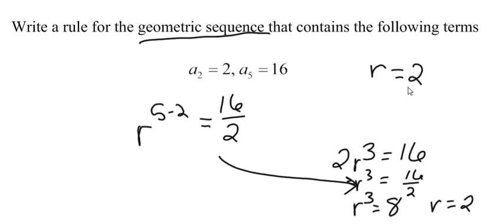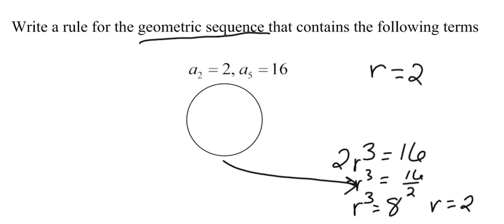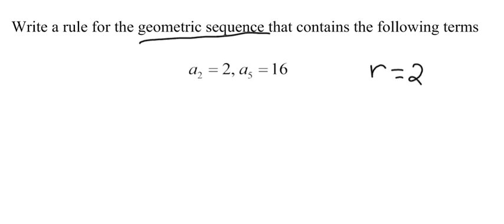Now what do we do? Well, just like the previous problem, take your common ratio and one of these terms, either a sub 2 equals 2 or a sub 5 equals 16, and compute what a sub 1 is equal to. So we know this is a geometric sequence.